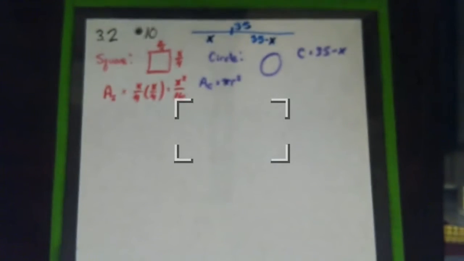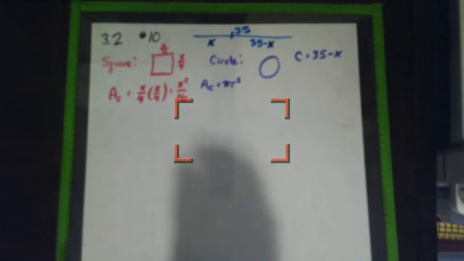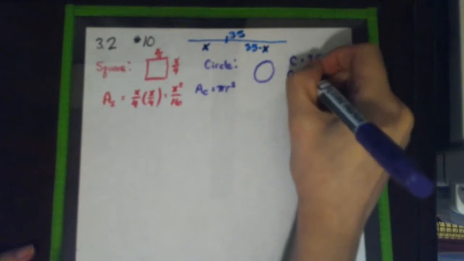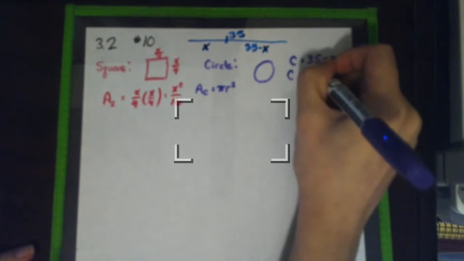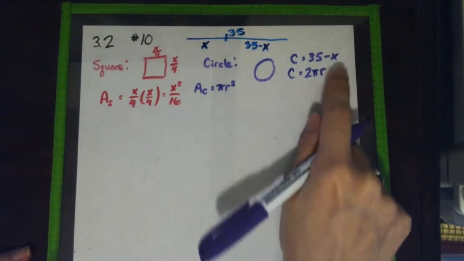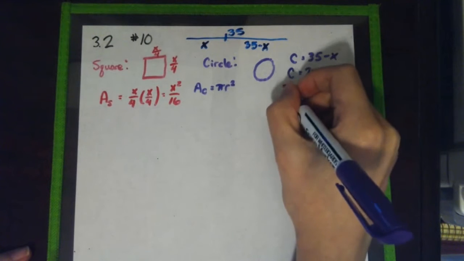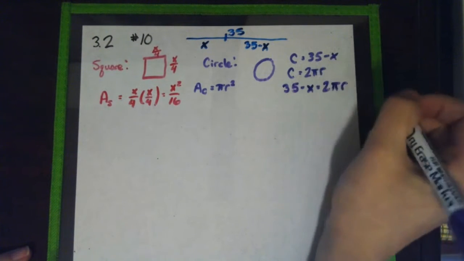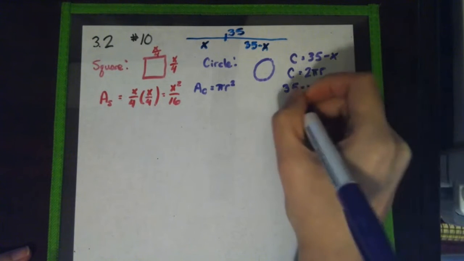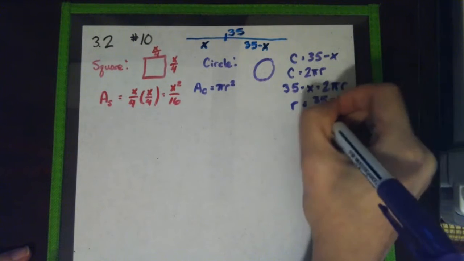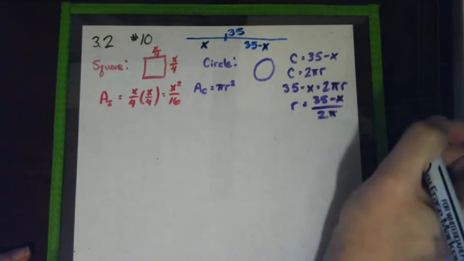Right now I don't have the radius, but I do have the circumference. We know that circumference is equal to 2 pi r. That's the formula for it. Since the circumference is 35 minus X, we get that 35 minus X is equal to 2 pi r. If I solve for r by dividing both sides by 2 pi, I get r is equal to 35 minus X divided by 2 pi.